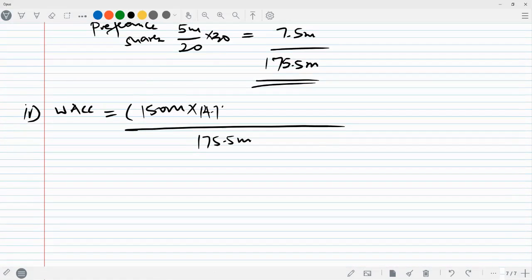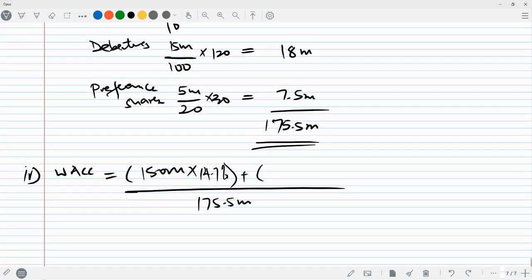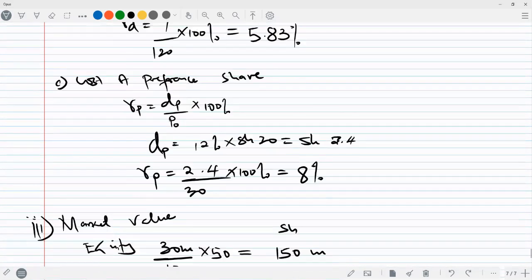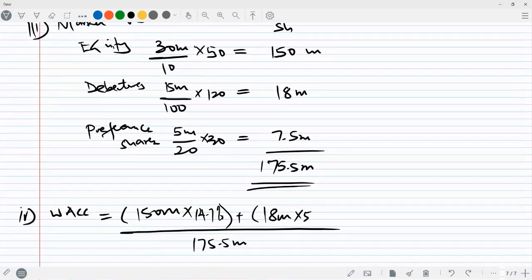Times 14.7, plus the weight of debenture, which is 18 million divided by 175.5, multiplied by the cost of debenture, which we obtained to be 5.83%.